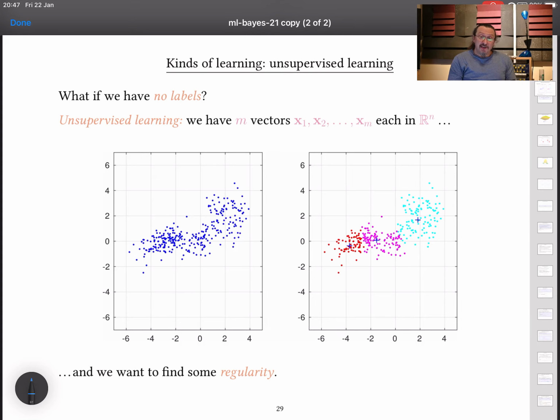But one of the nice things that the Bayesian approach does give us, if we go beyond this course, is, for example, a bunch of ways of inferring from the data not only what the clusters are if you assume you know how many, but how many clusters there are in the data as well. This is another of the payoffs that we can get with this kind of approach.